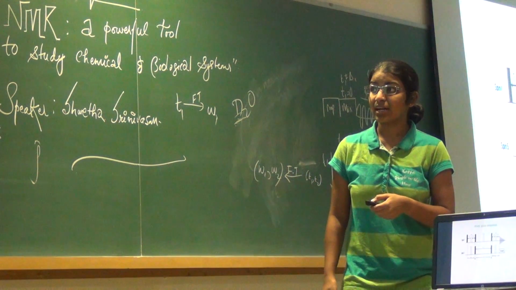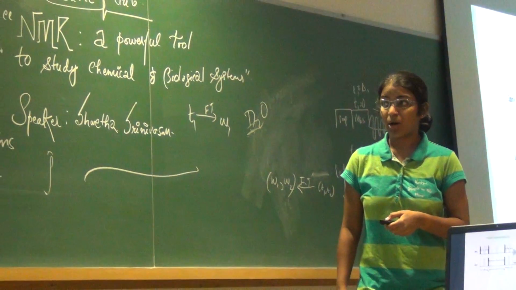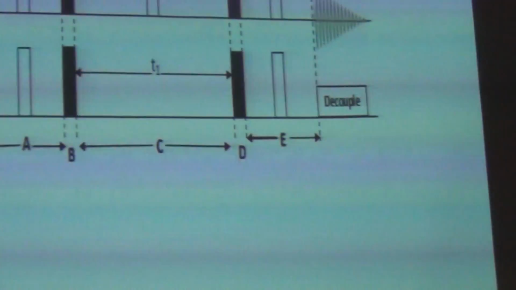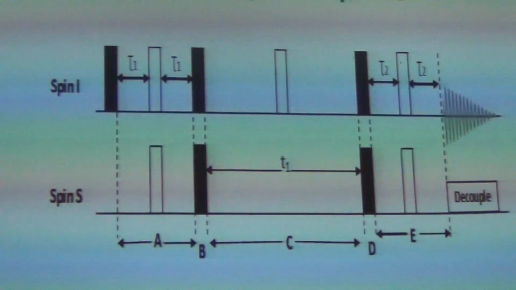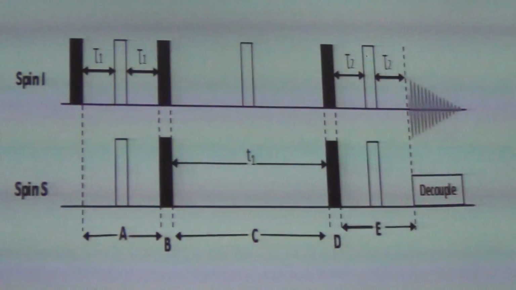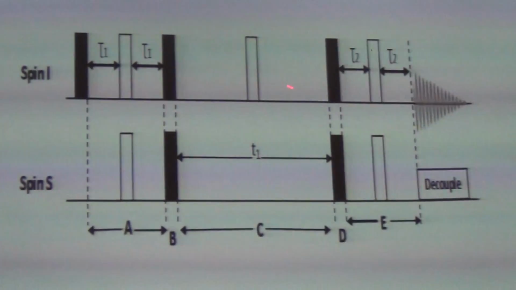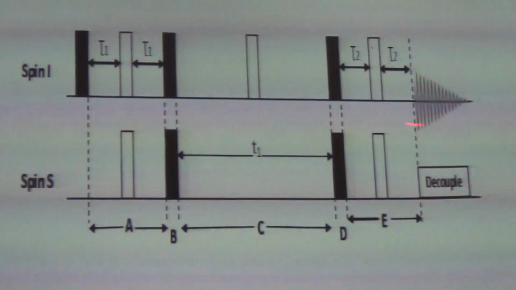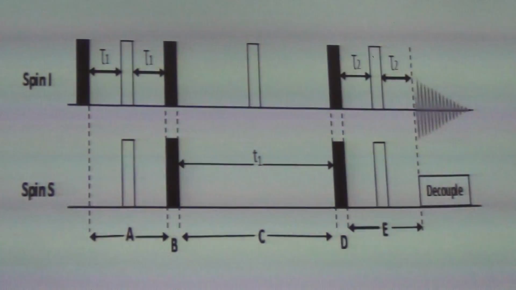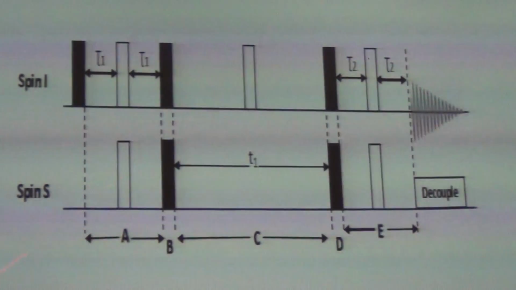So I acquire information about the hydrogen through this pulse sequence. Then in between I transfer magnetization from one spin to the other, get information about that spin, and then transfer this magnetization back to the first spin, and finally detect the signal. So the signal will have the information about both the first spin and the second.